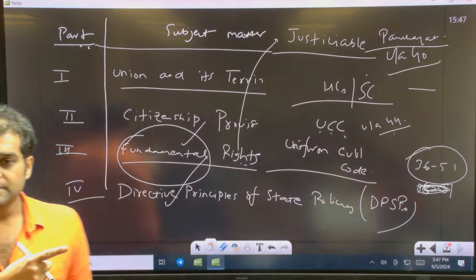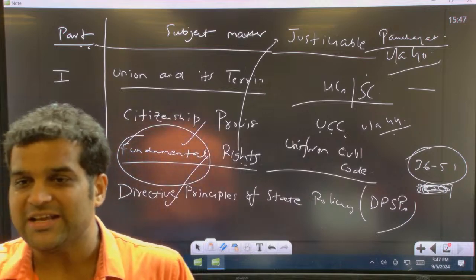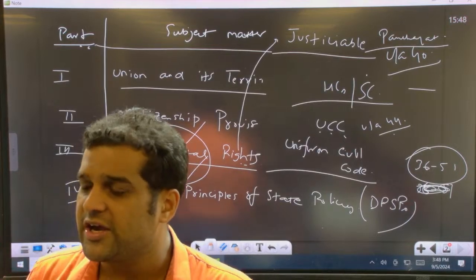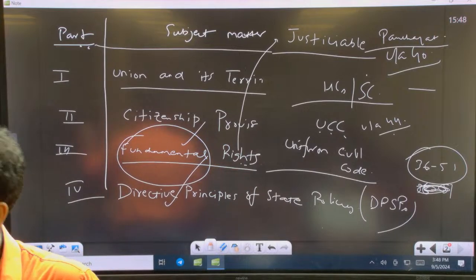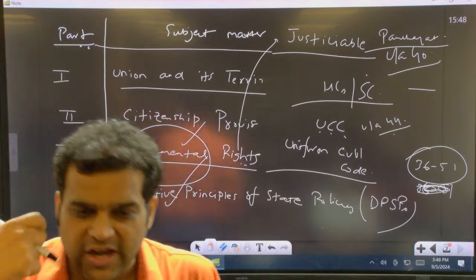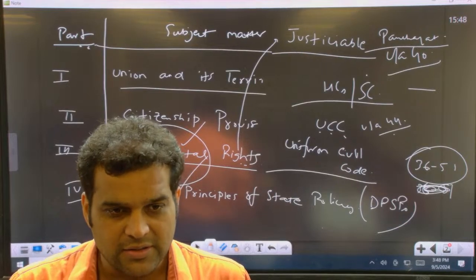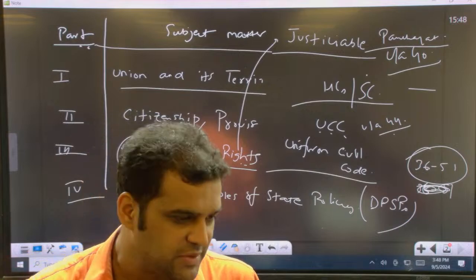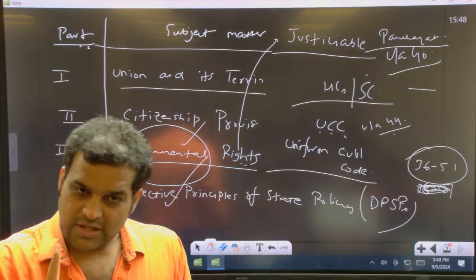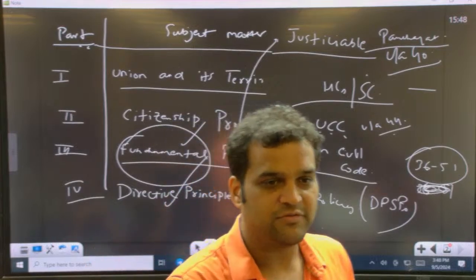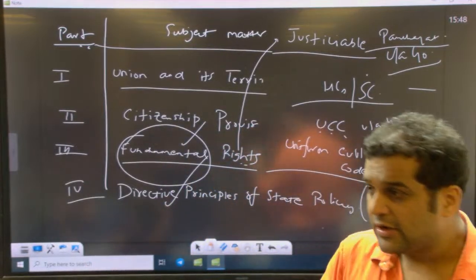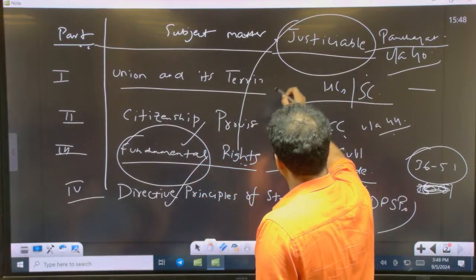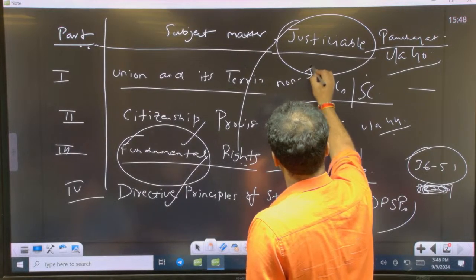But the government can decide to not follow one or many of the instructions written under DPSP because the constitution has not enforced them. The constitution has only requested the government, expecting that being a moral government it would follow these principles. It's not mandatory. This is the main stark difference between Part 3 and Part 4. In technical language, Part 3 is called justiciable, and DPSPs are non-justiciable.